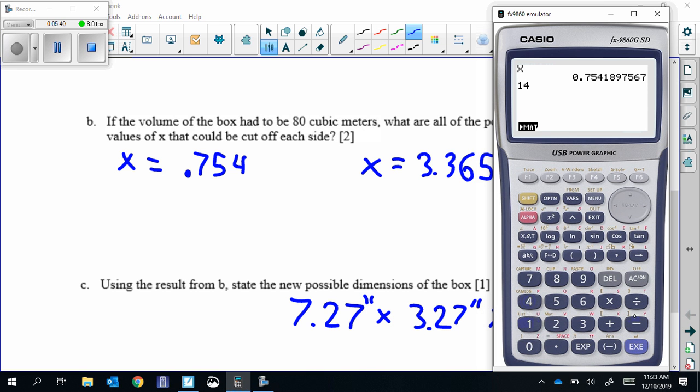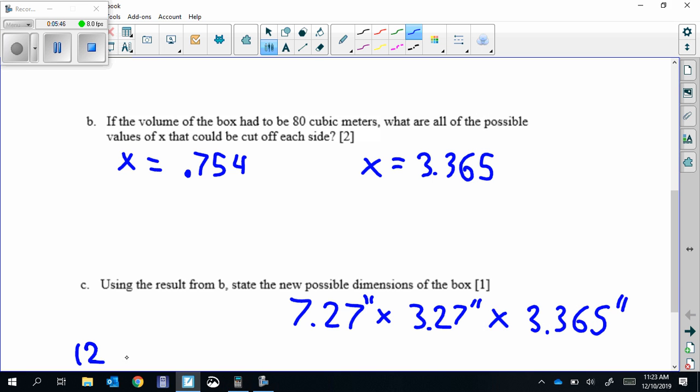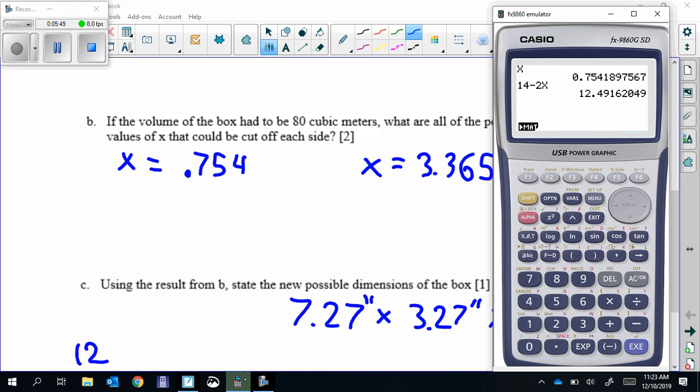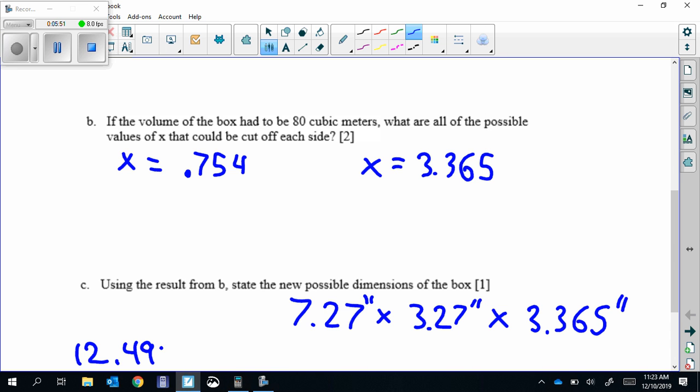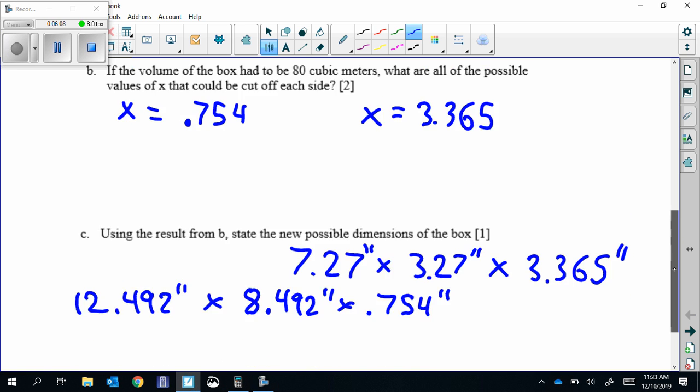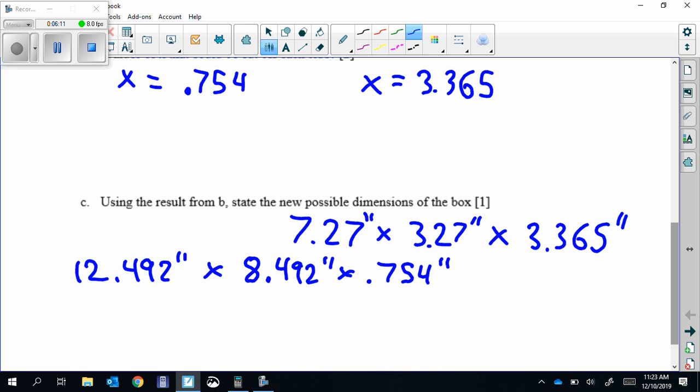And again, you can do 14 minus 2x, you can do 10 minus 2x, and then x. Those will be your two sets of dimensions. If you multiplied those out, you should get 80, close to it, like 79 point something because we rounded, or 80 point something.